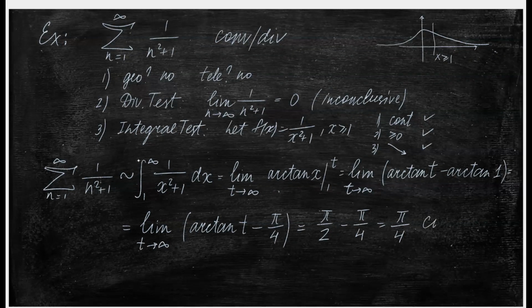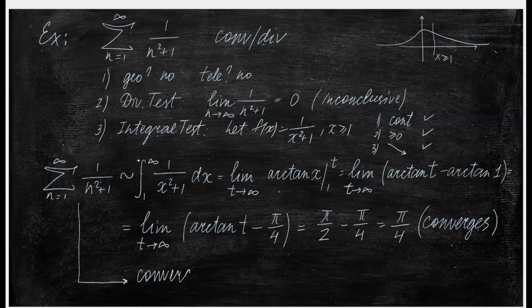So that's the conclusion for the improper integral. But by the integral test, that means the series converges. So we always write the conclusion, and we also write the reason. So this one converges by the integral test.